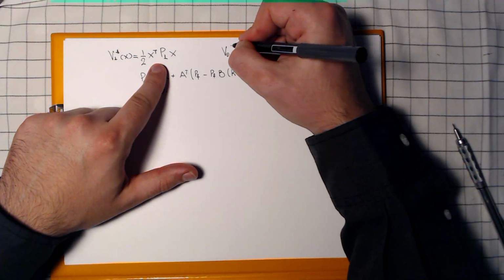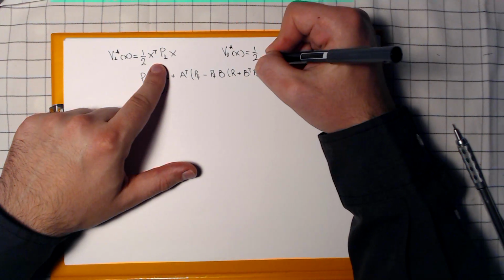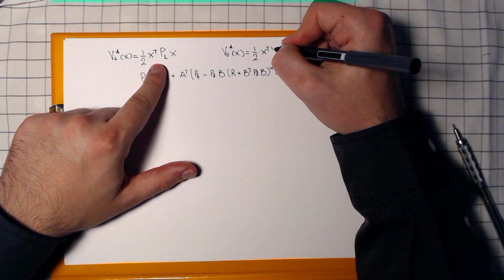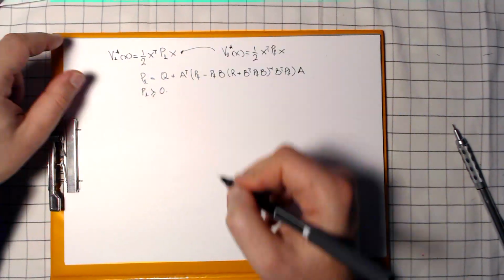So we went from V0 star of x, which was given by 1/2 x transpose P0 x, to this formula, which is again quadratic.